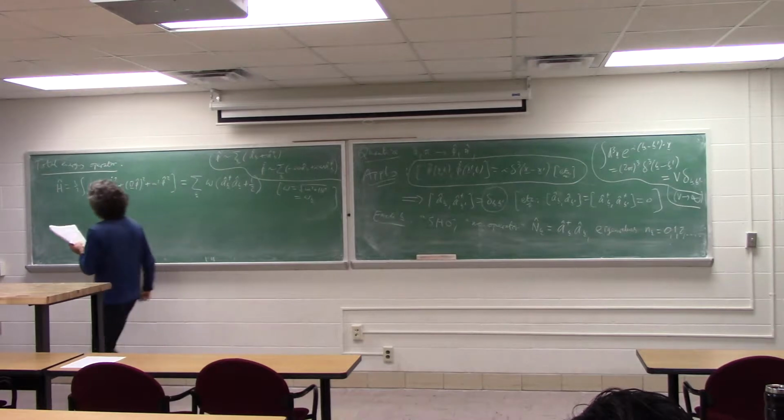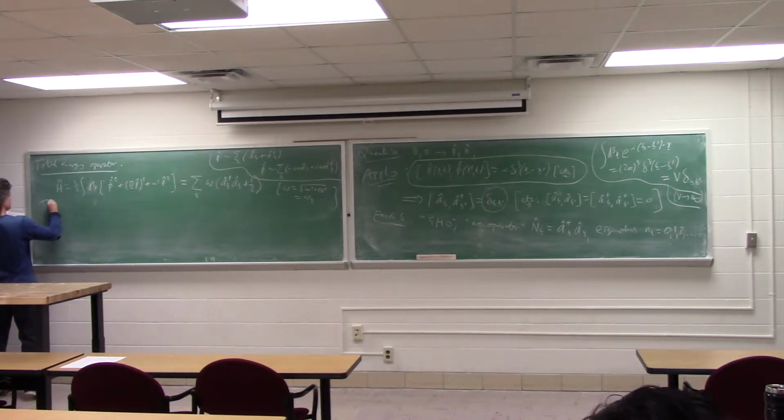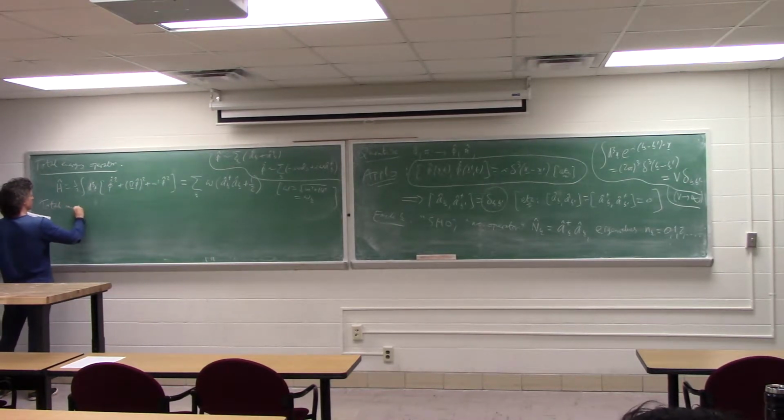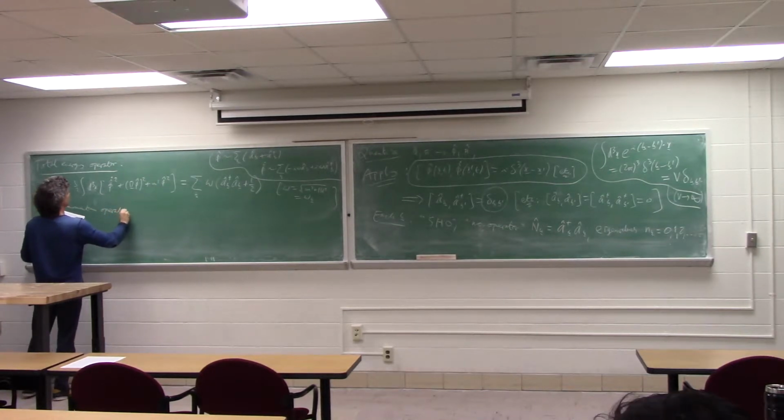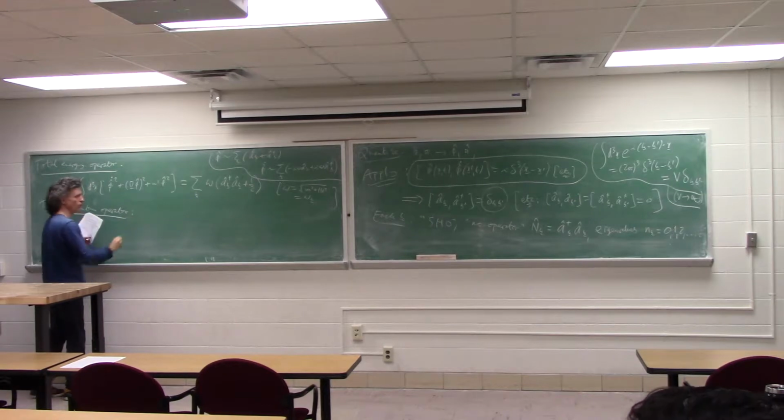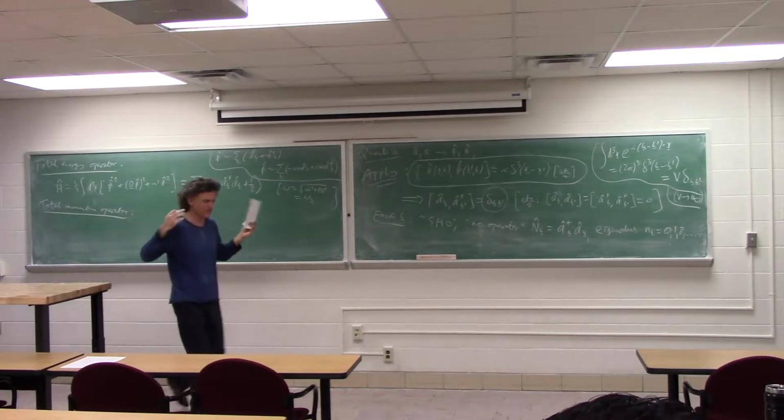But one thing I would recommend is that you check the total momentum operator. Now you see where I have all this wonderful formalism. Just think how advanced you are now.